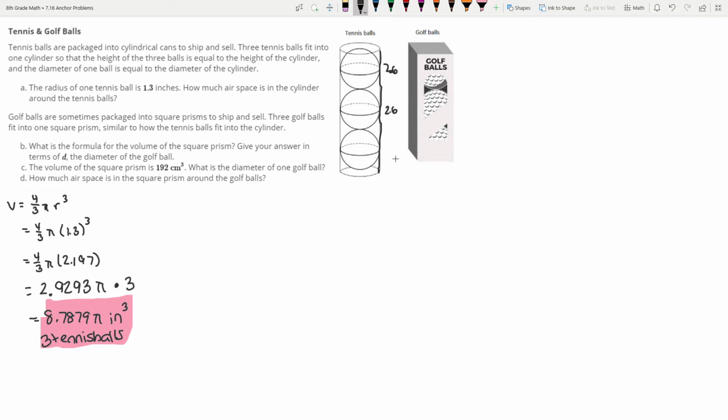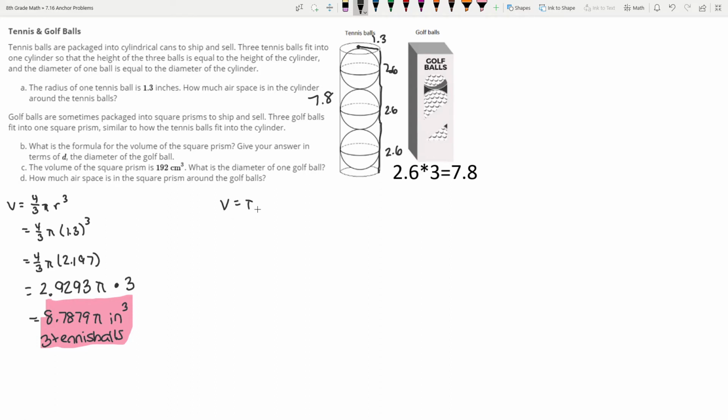This piece is going to be another 2.6 inches. And so if I were to take 2 6/10 inches times 3, that gets me 7 8/10 now for the height. The radius is still going to be the same radius as one of these balls, which is 1 3/10 inches.